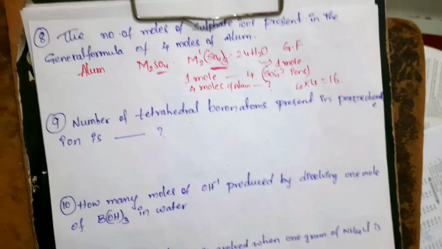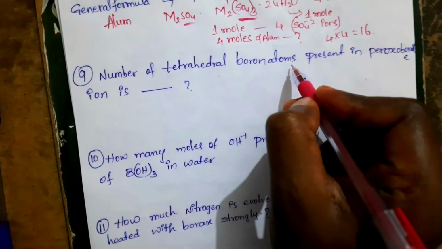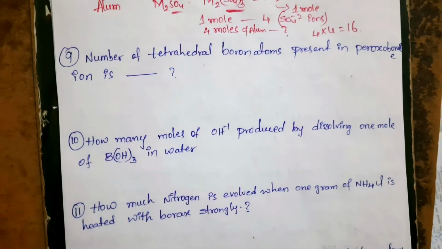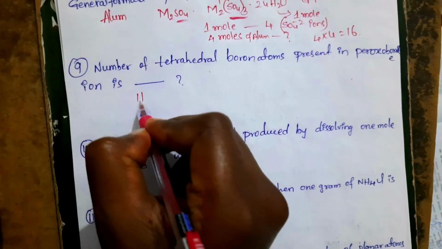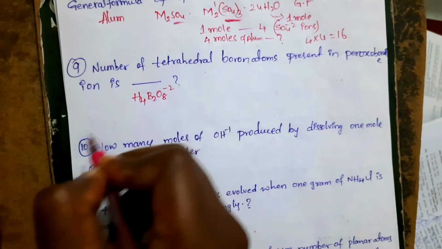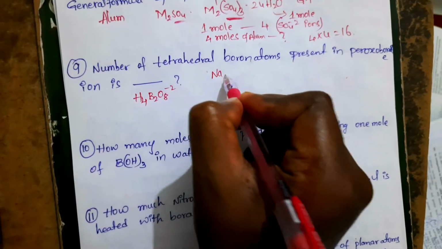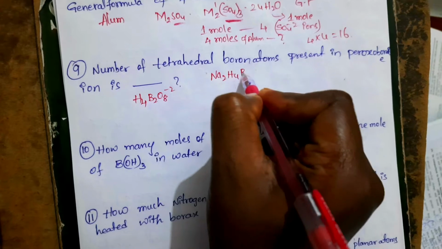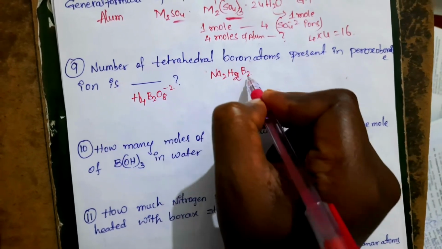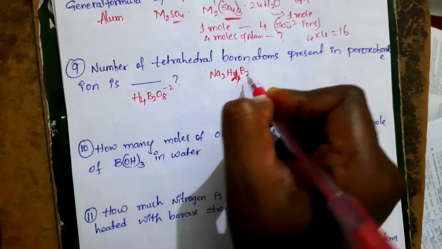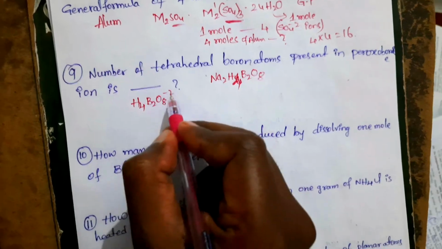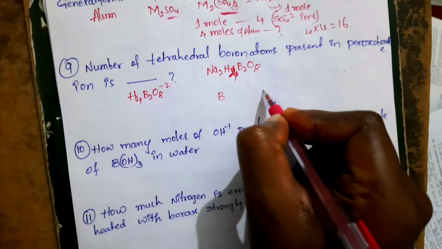Is that clear? Now, the number of tetrahedral boron atoms present in the peroxoborate ion. Peroxoborate ion is H4B2O8 2-, generally Na2H4B2O8, called sodium peroxoborate. Here it is minus 2. Take this boron.